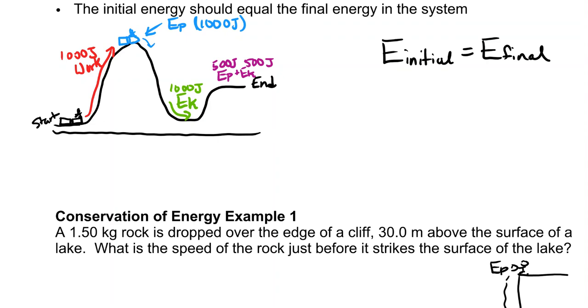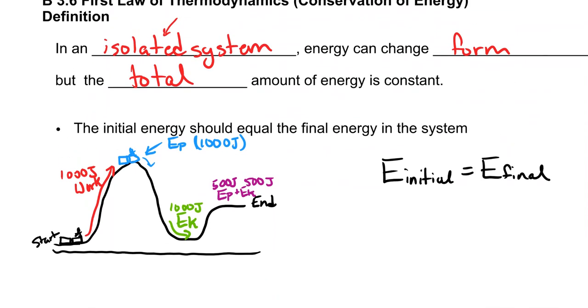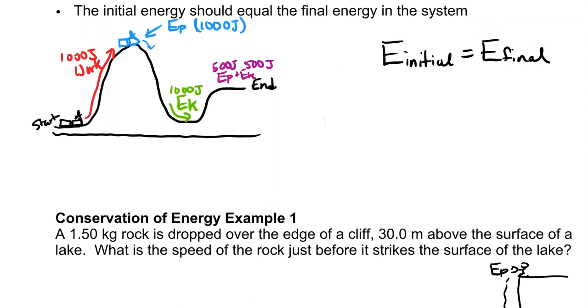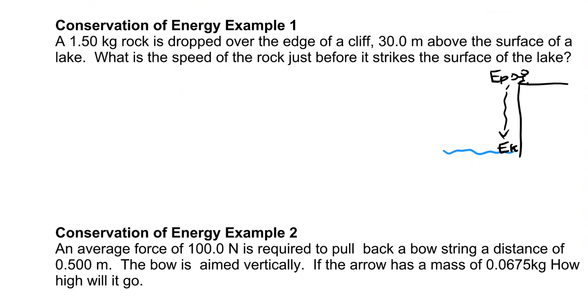We're also going to lose some energy because of air resistance and things like that. But when we say isolated system, we're kind of ignoring all of that stuff. Nobody wants to talk about it because it just makes it more complicated. So we're just ignoring that, and whatever, deal with it. It's all good.